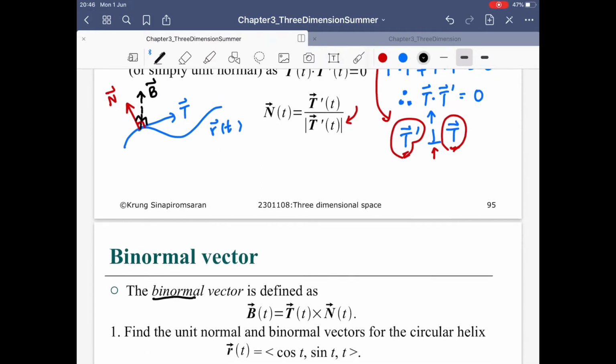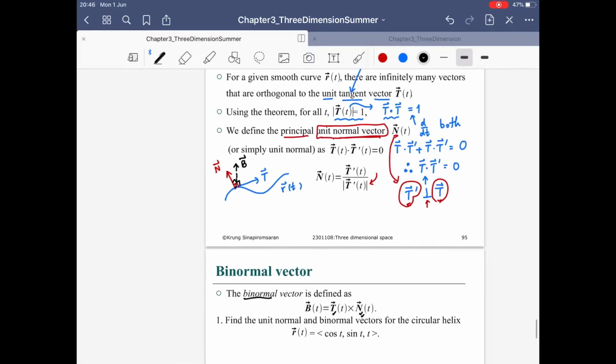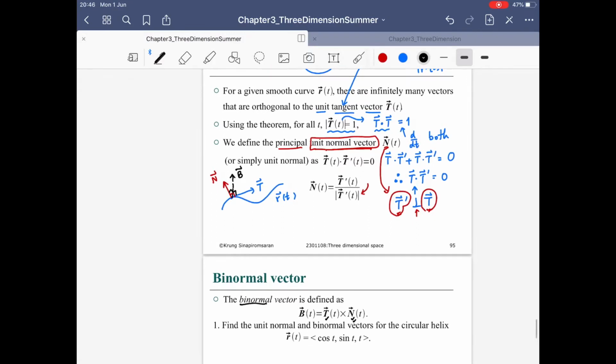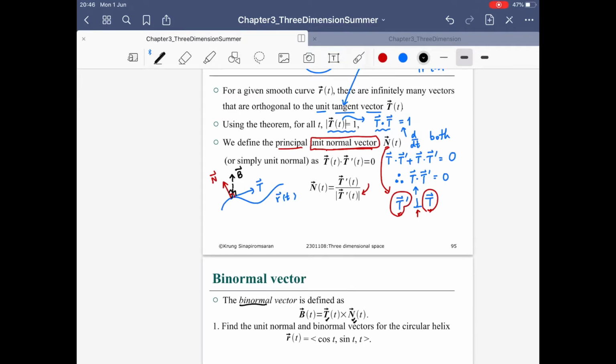The binormal vector is defined by T first and then N, because as you introduce, you need to find the capital T first and then the N followed by the T, right? So you start from T cross N. You cannot switch the order, because the cross product is sensitive to the order. So it is T first cross N. That will be the binormal vector.